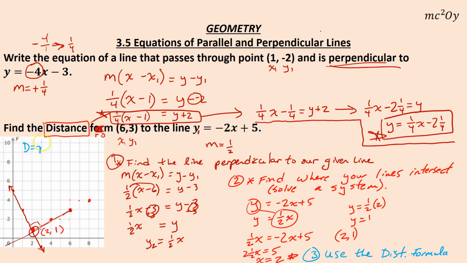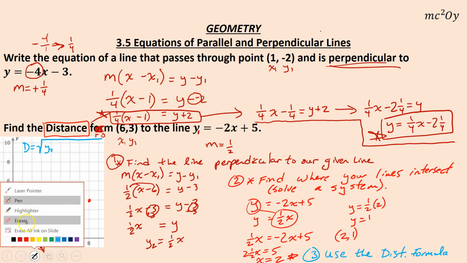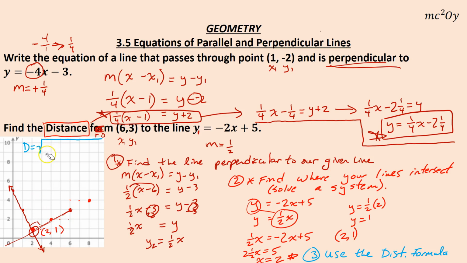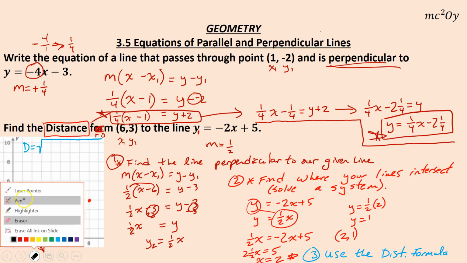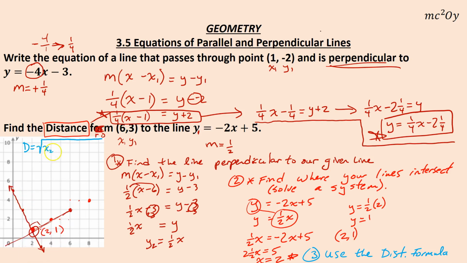D is equal to the square root of (x2 minus x1) squared plus (y2 minus y1) squared.